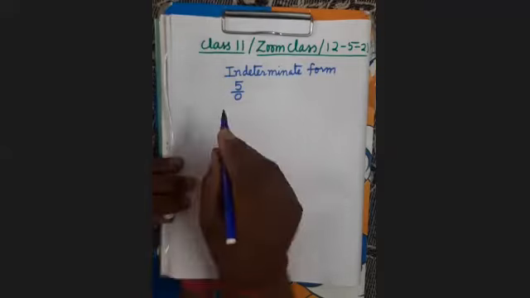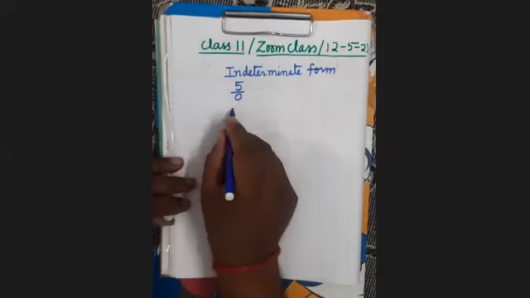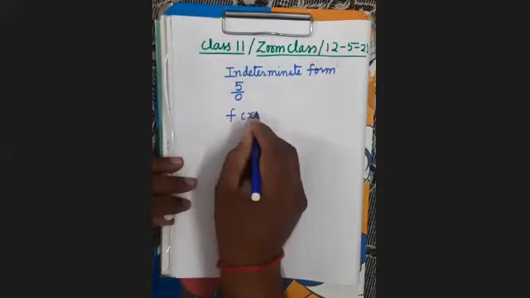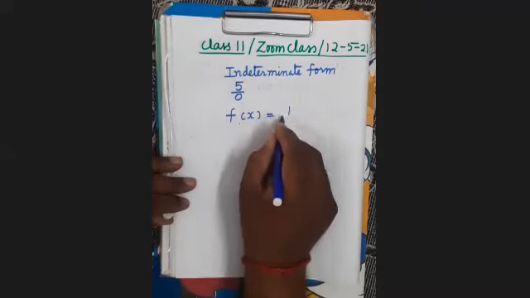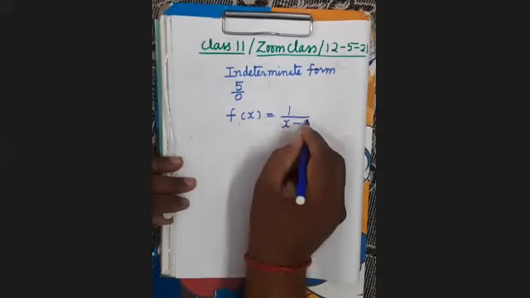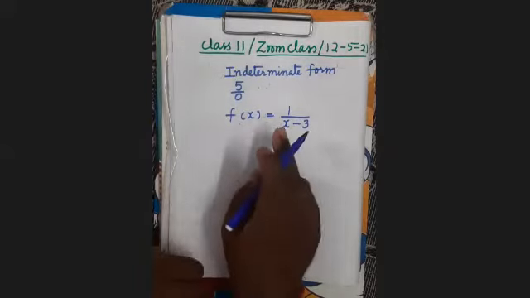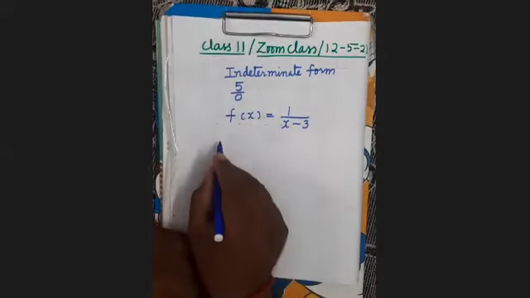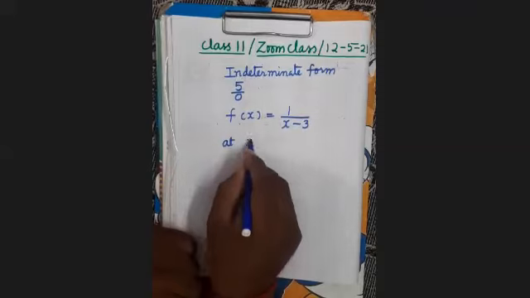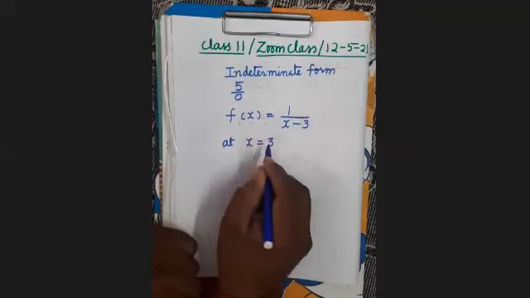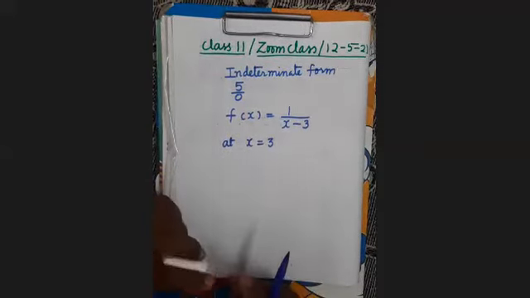Now see here, suppose you have to find the value. There is a function of x, f(x) equals 1 upon x minus 3. And you have to determine its value at x equals 3. Will it be possible or not?